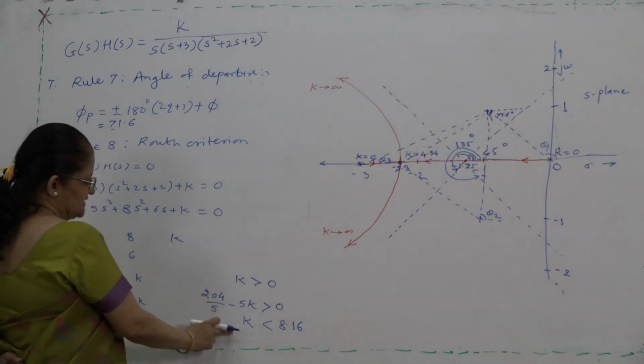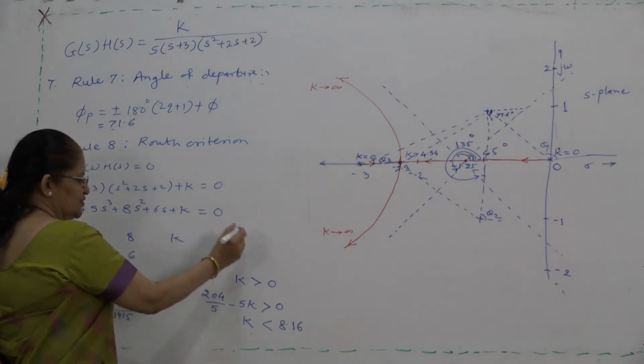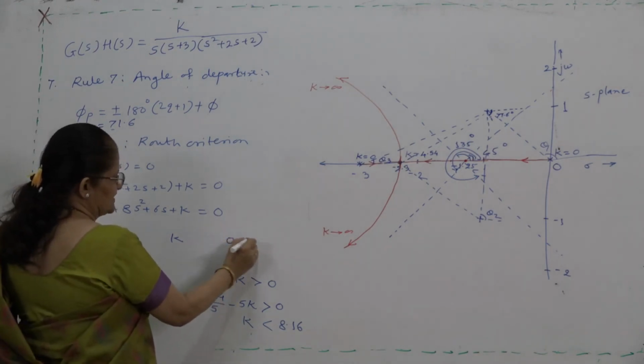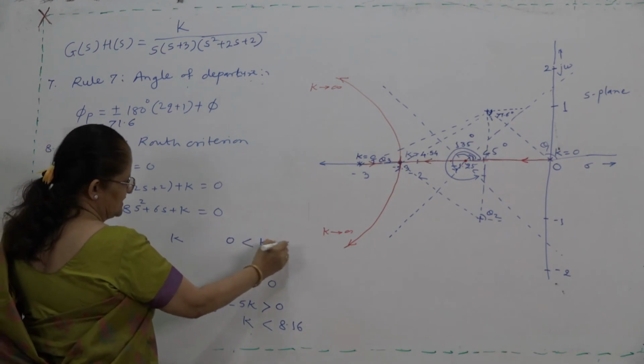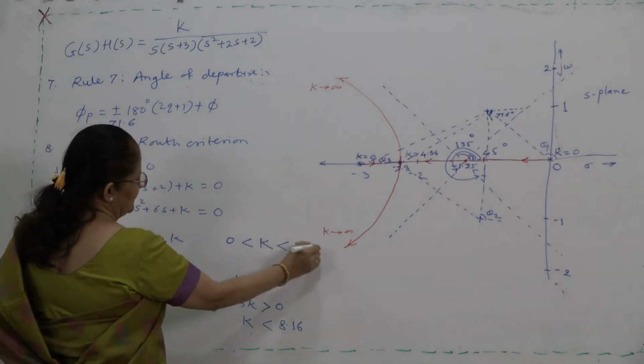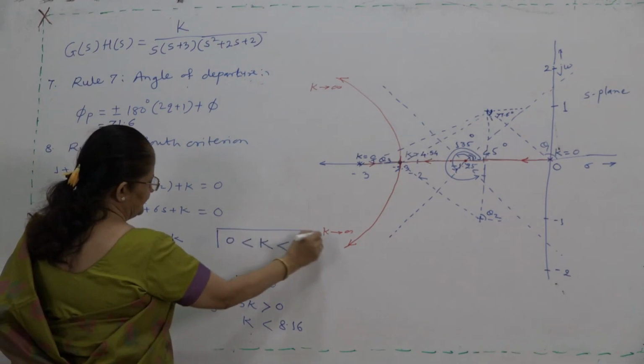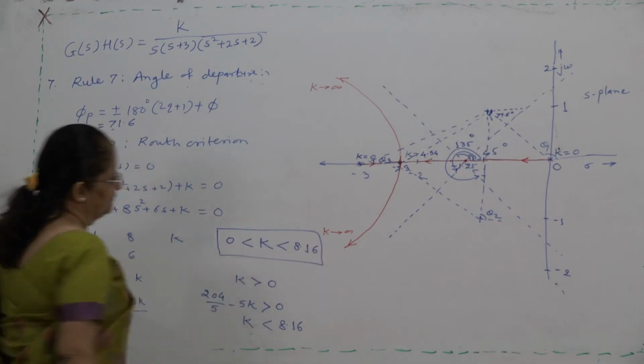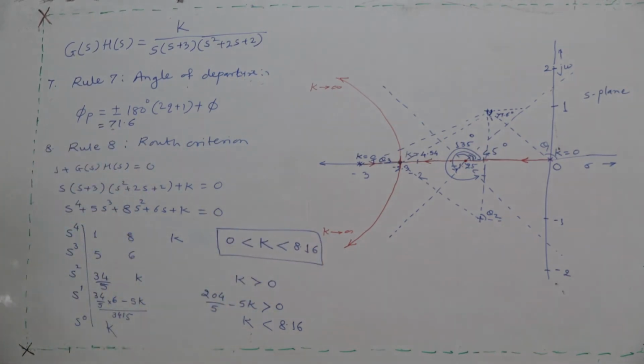So, 204 minus 25K upon 5 should be greater than 0. So, 204 minus 25K should be greater than 0, that is, K is less than 204 divided by 25. So, what is that value? You will get 8.16.